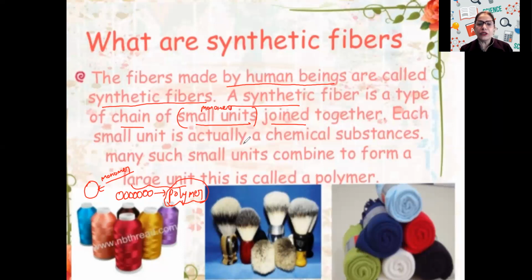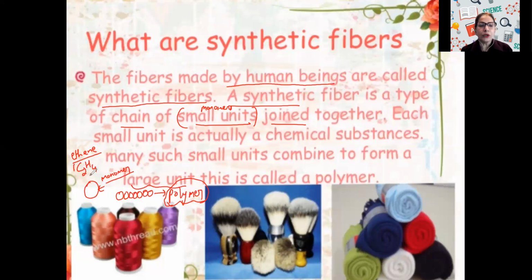Each small unit is actually a chemical substance, and they join together to form a large unit known as the polymer. For example, ethene is a carbon compound. Its formula is C2H4. It's a hydrocarbon, hydrogen and carbon.